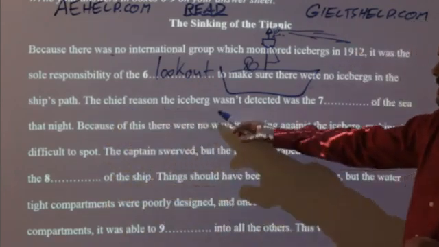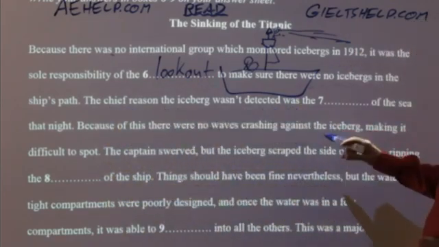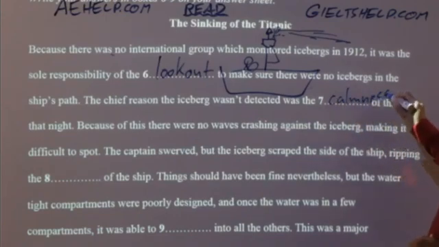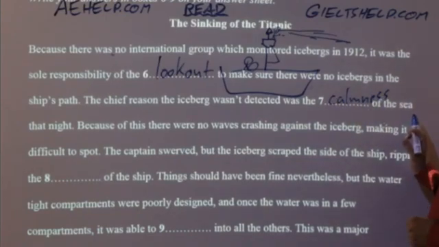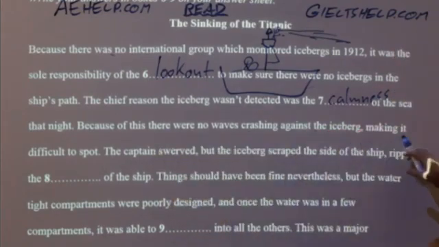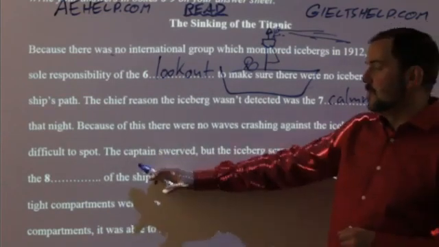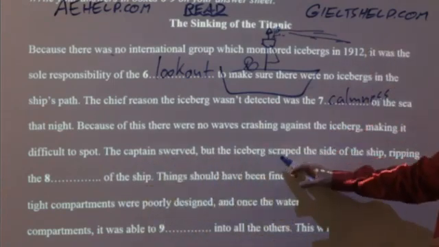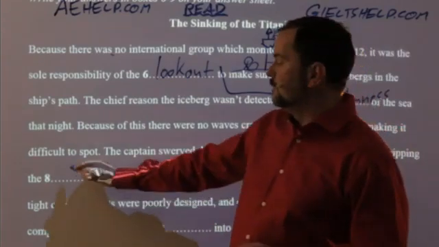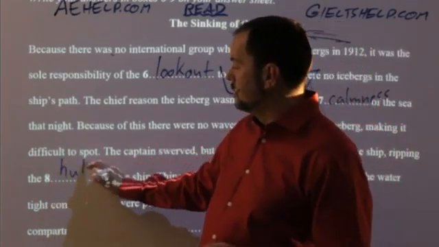The chief reason the iceberg wasn't detected was the calmness of the sea that night. Because of this, there were no waves crashing against the iceberg, making it difficult to spot. The captain swerved, but the iceberg scraped the side of the ship, ripping the hull of the ship.